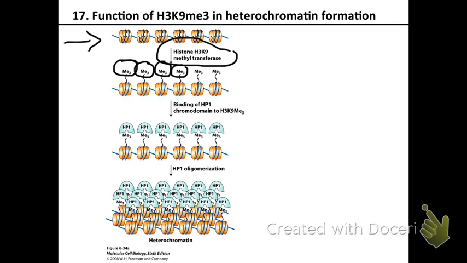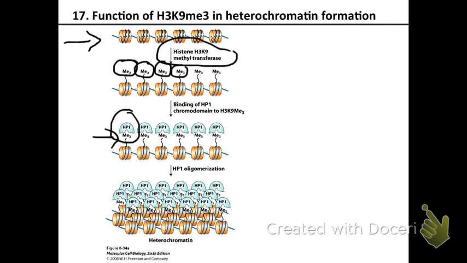So that methylated chromatin serves as a binding domain for a protein called heterochromatin protein 1, okay? Very imaginatively named. Heterochromatin protein 1, it's called HP1. It has a domain that recognizes this methyl 3 and binds to it. So this HP1 protein also has another protein domain that interacts with each other, okay?